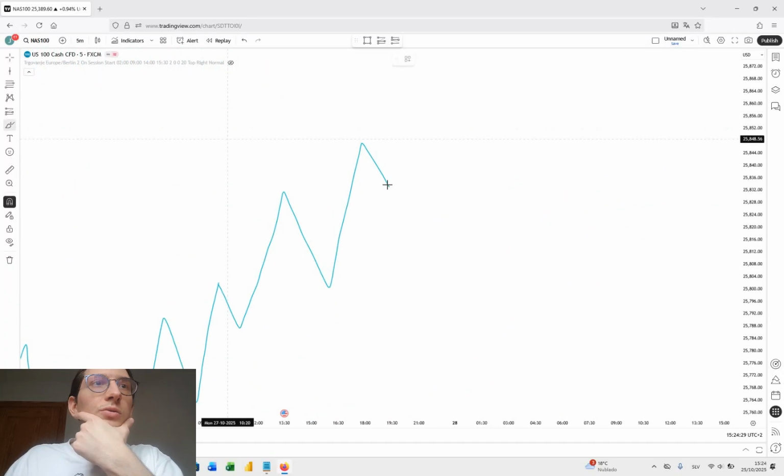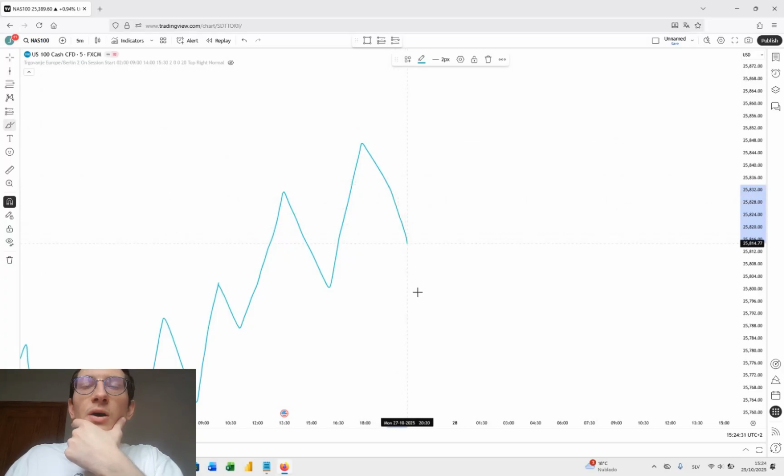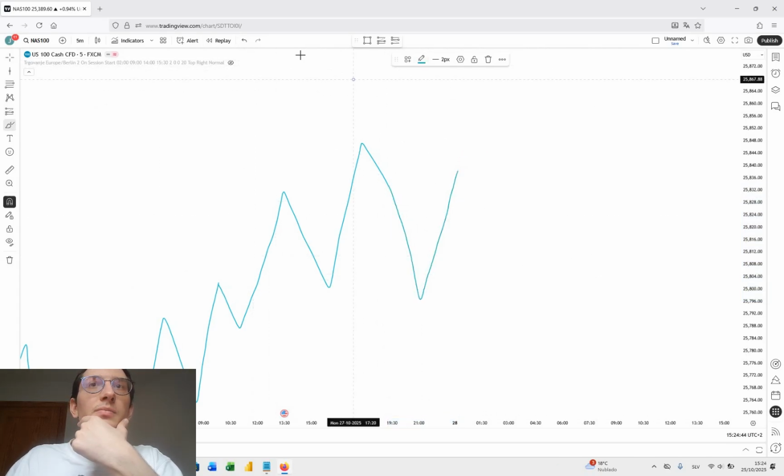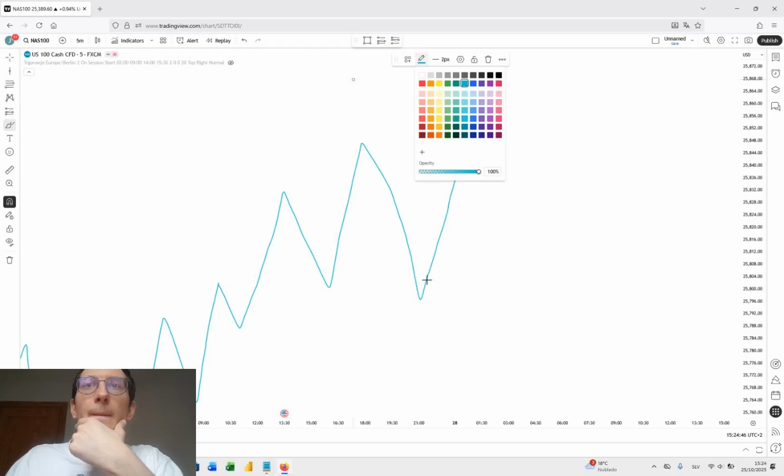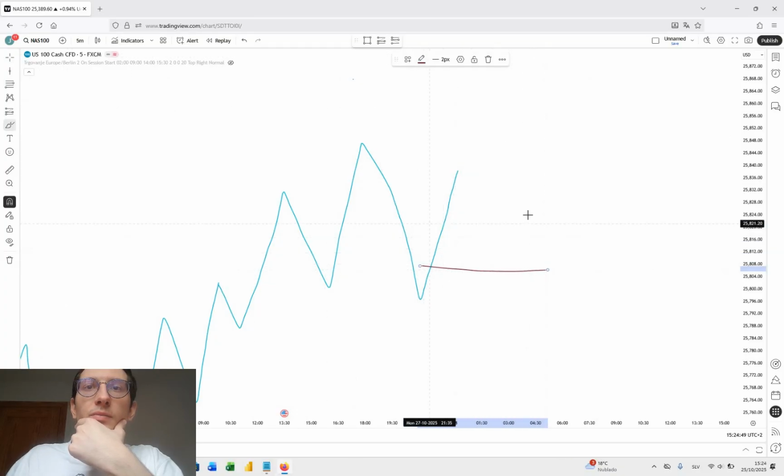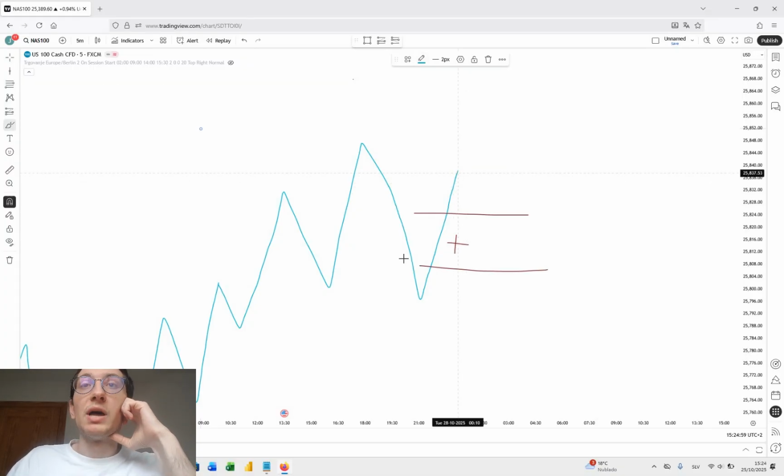Good, we are here, and then we go down, we create a fair value gap, let's say we created here again a bullish fair value gap, okay? So potentially now we could say, maybe now we will start going to the uptrend, to the bullish trend. Okay, keep going, because we were here in an uptrend already, so maybe we will keep going.